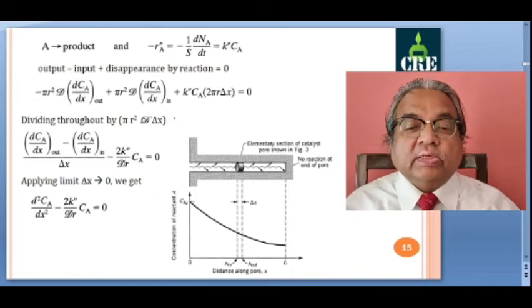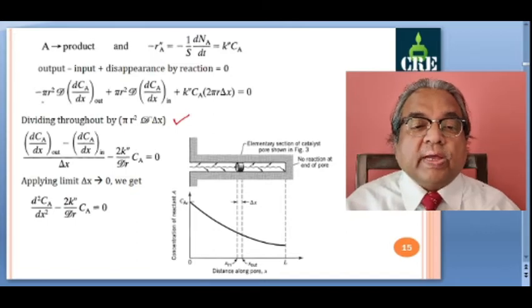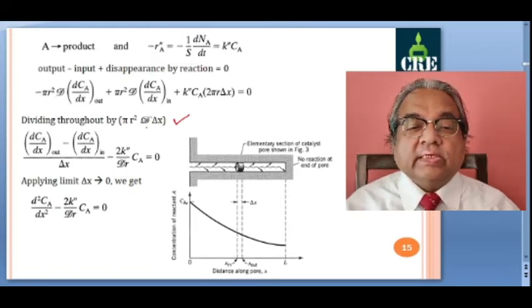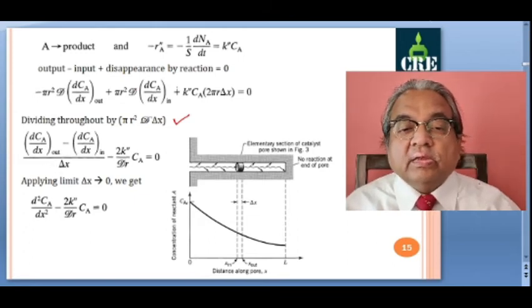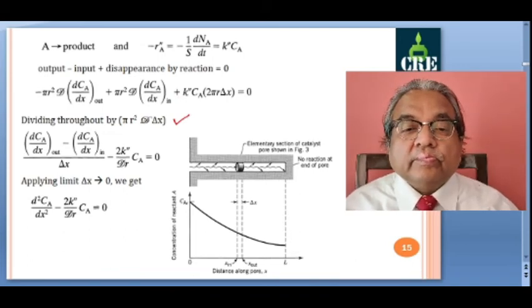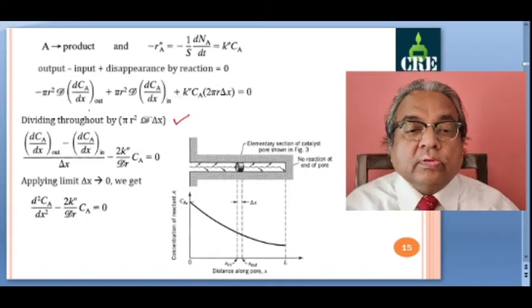If we divide this equation by pi r square D delta x, pi r square D will cancel out and delta x will remain in the denominator. So the first two terms divided by delta x, out minus in.